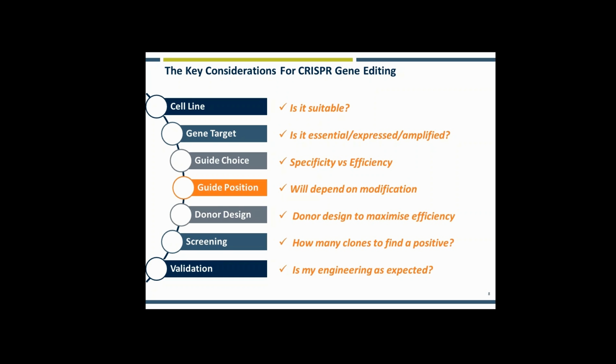I also highlighted ways in which you could design your donor such you could maximize your efficiency and minimize the chances of it being recut once it's integrated. And then finally, we looked at screening strategies and how validation is an important final step for generating any modified cell line.